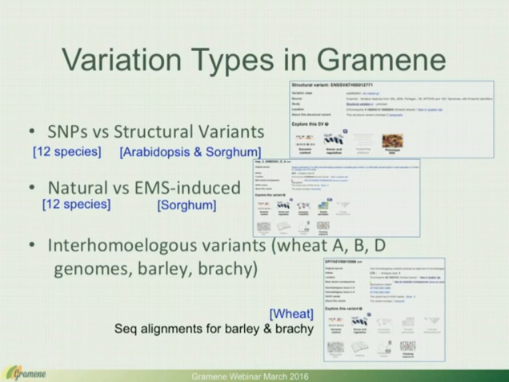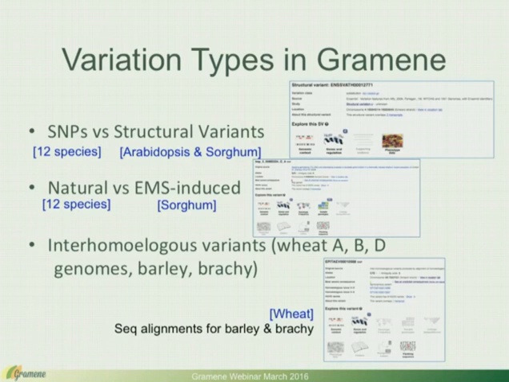Over here, I have some of the kinds of variation that you're going to be introduced to today. We have single nucleotide polymorphisms for 12 different species, and structural variants for Arabidopsis thaliana and Sorghum bicolor.